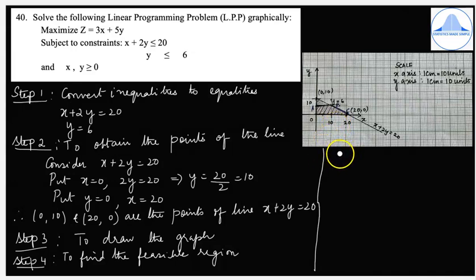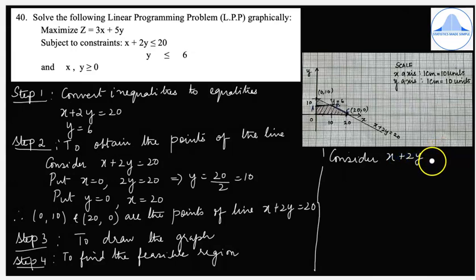So how do we find the feasible region? To find the feasible region, you have to take the first equation. So the first equation is x plus 2y.